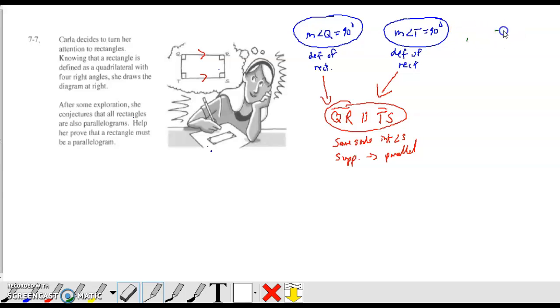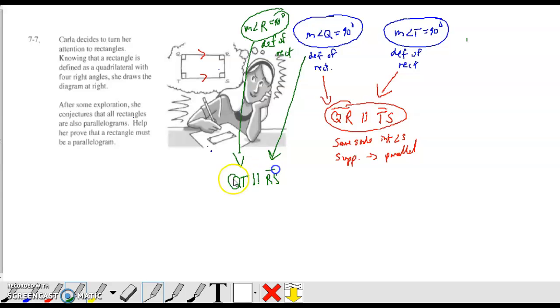I'm going to do it over here, so that way I can write it. So I'm going to say measurement of angle R, let's do it this way, is equal to 90 degrees. And again, why? Definition of a rectangle. Okay, and this guy plus this guy, that way I don't have to rewrite it. I can now say that QT is parallel to RS.